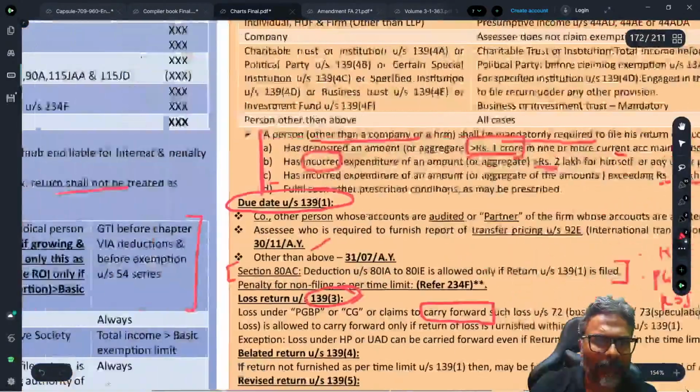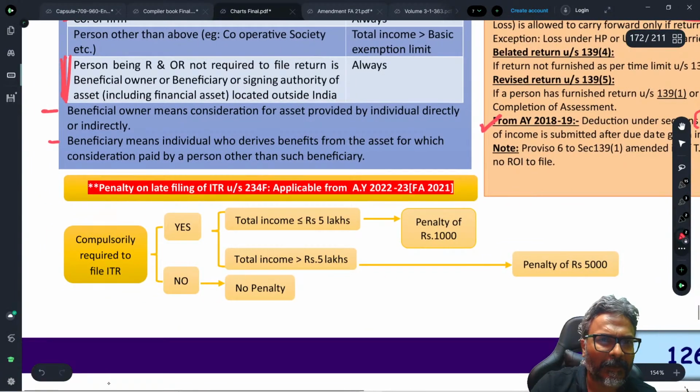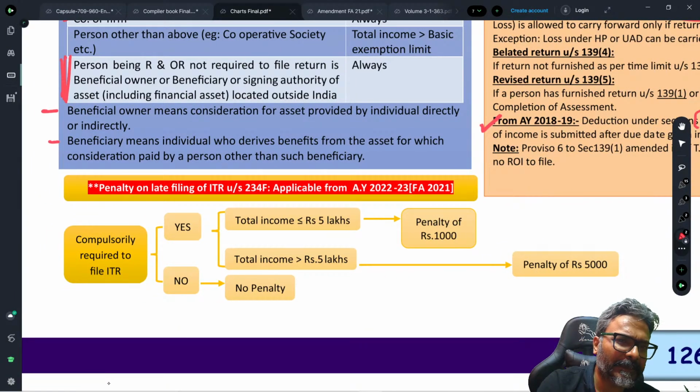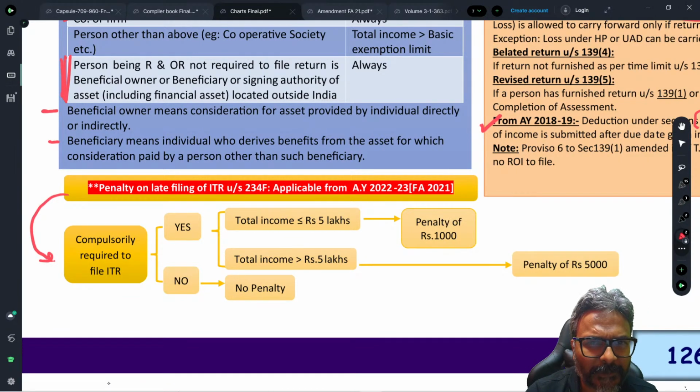Now, one more particular point which I want to bring to your attention is about a change that has taken place on the imposition of the penalty with effect from assessment year 22-23.